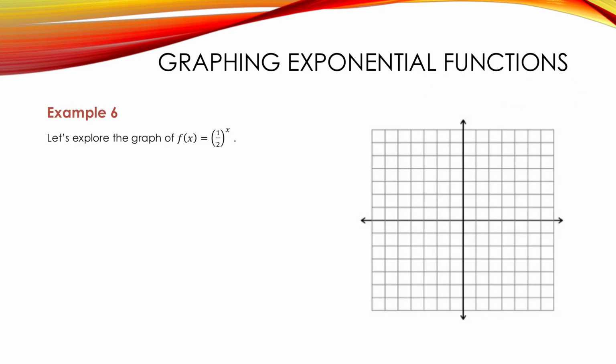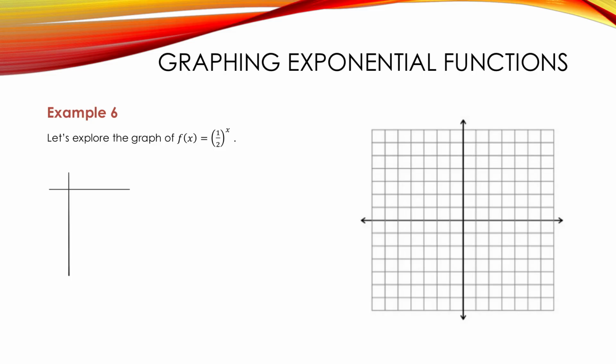So let's look at our graph here of 1/2 to the x. Let's just do that one. We'll start there. Let's plug in some values for x and figure out what it equals. So we know a few points that should be on our graph. Let's see what they look like.